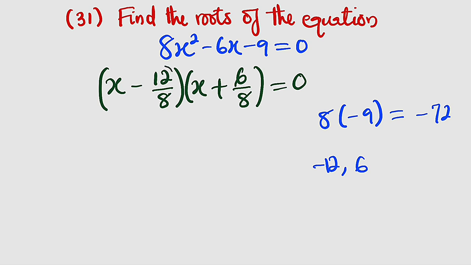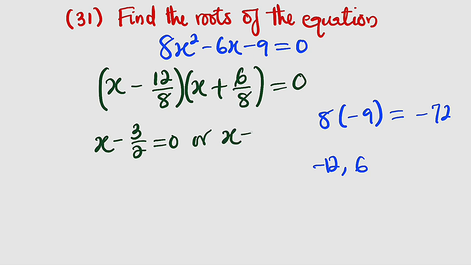But we can mentally reduce this to the lowest term because I know 4 can divide 12 exactly 3 times and 4 can divide 8 exactly 2 times. So this is x minus 3 divided by 2 equals 0. Or the other one, we can reduce this to the lowest term because 2 can divide 6 3 times.